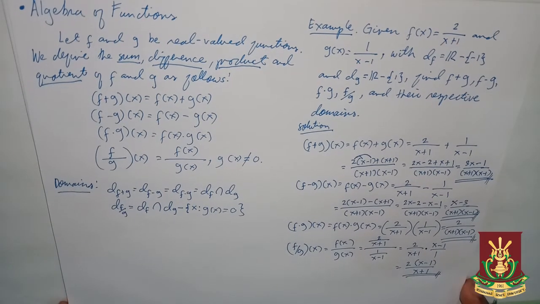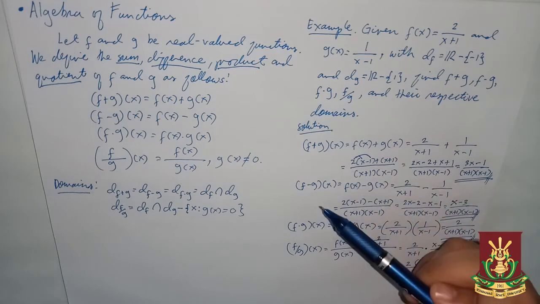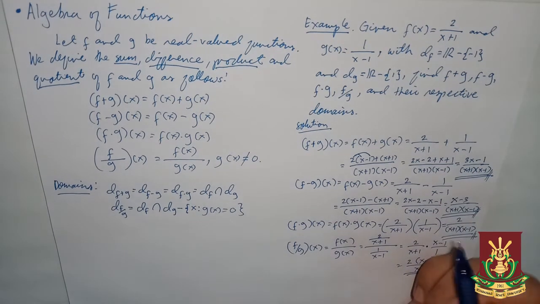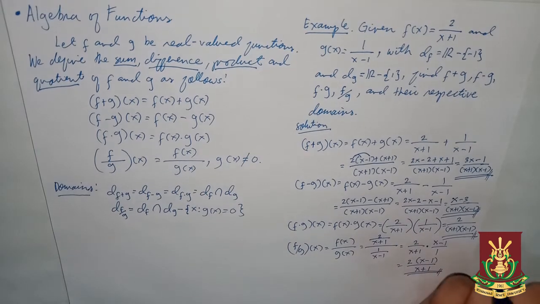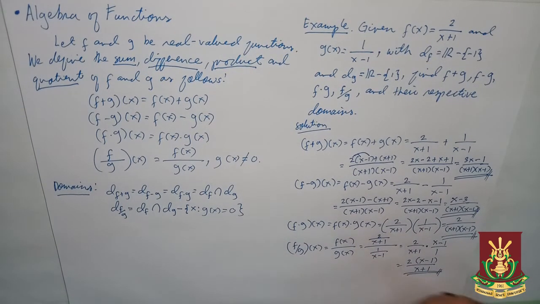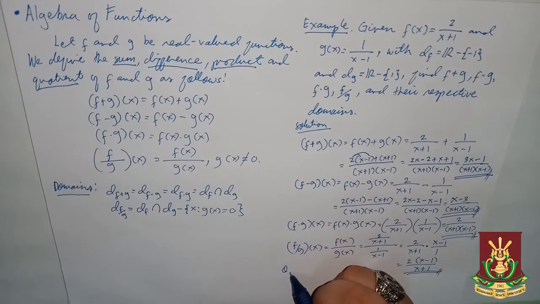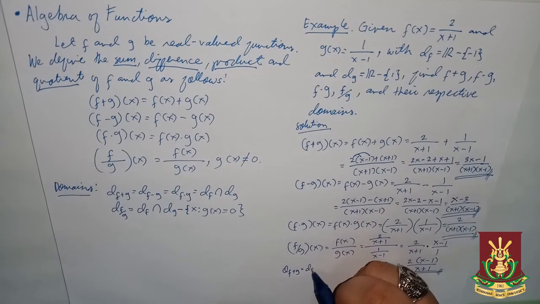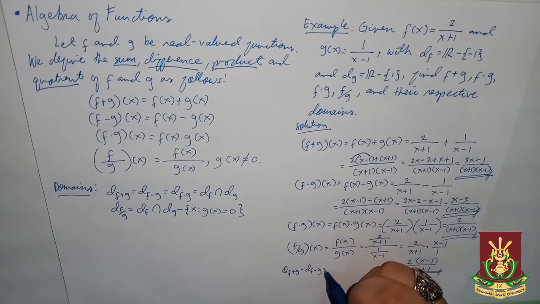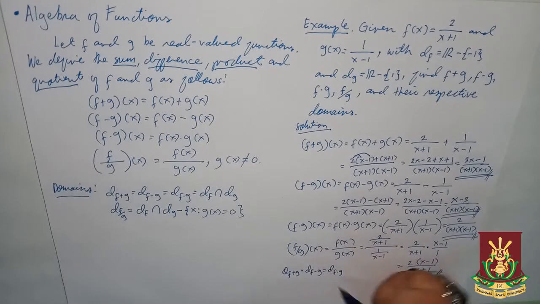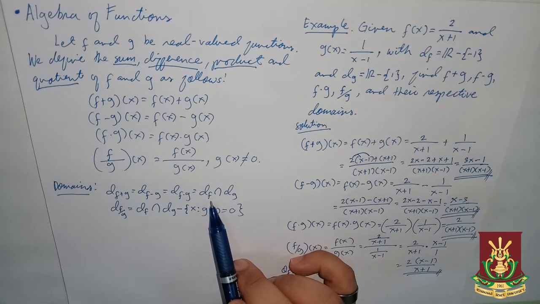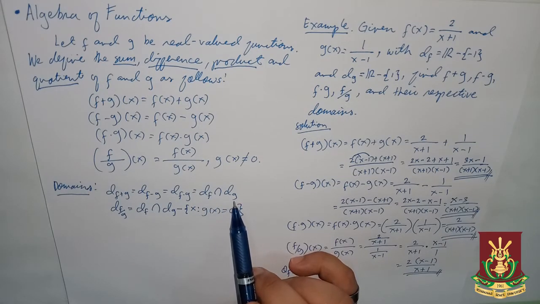Okay, so we have now obtained the sum, the difference, the product, and the quotient of f and g. For the domains, we only need to apply the definition. So notice that we have the domain of f plus g, which is equal to the domain of f minus g, and the domain of f times g is equal to the intersection of the domains of f and g.